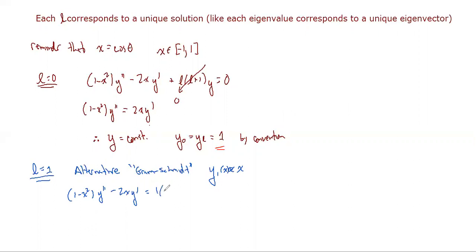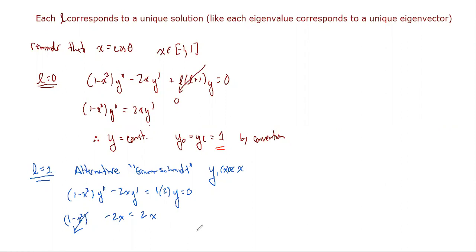Equals 1 times 1 plus 1 is 2. So put that in there, and then, okay, we have 1 minus x squared, 2 derivatives of x is 0, so that's gone. 1 derivative of x is 1, so minus 2 times x is 2 times x.